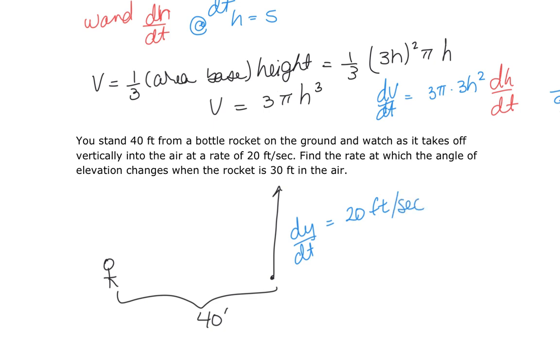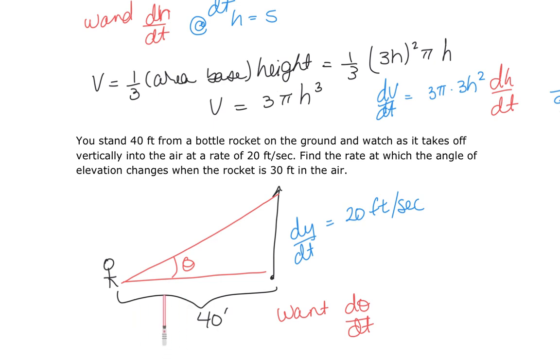We want to find the rate at which the angle of elevation changes. So this is what I'm looking for, this theta. My want is d theta/dt. Now, I am going to think about which trig function I'm going to use.